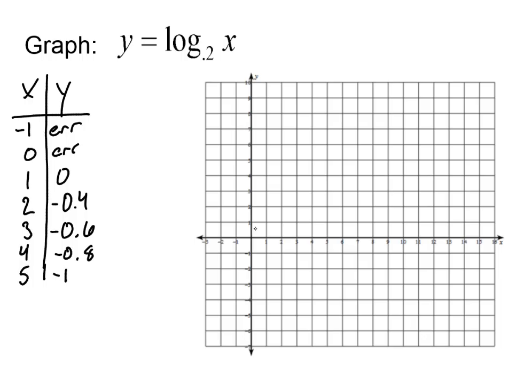So let's start to plot these. (1, 0) is here, (2, -0.4), (3, -0.6), (4, -0.8), and (5, -1). I see that this curve looks like this.